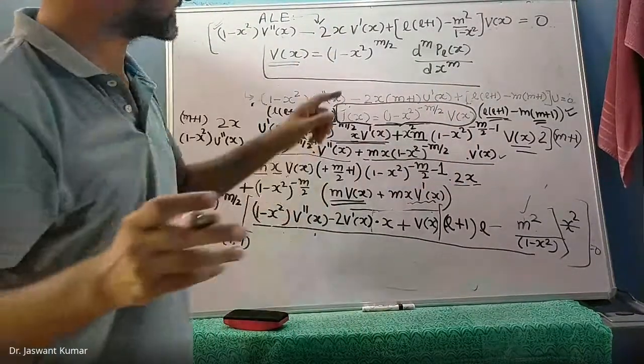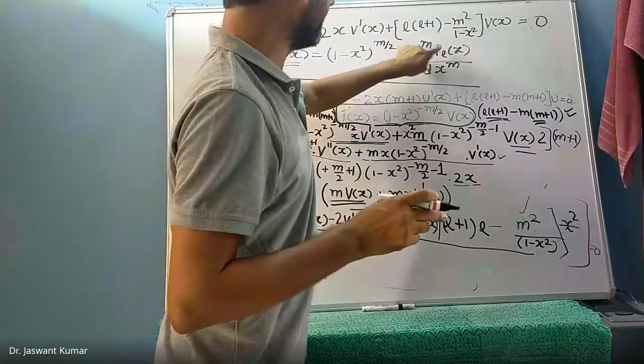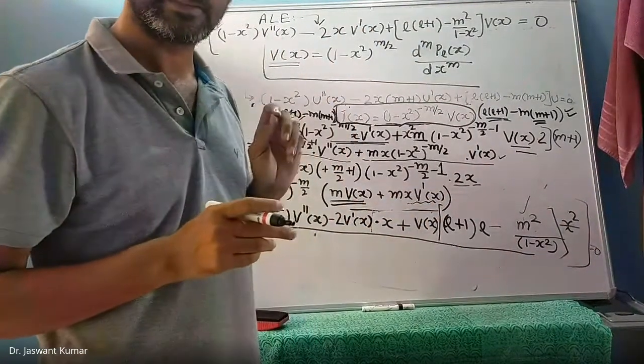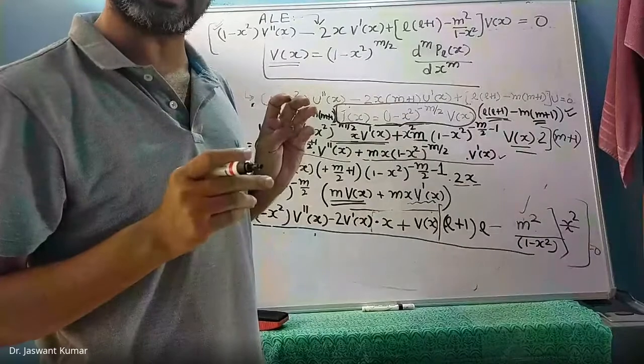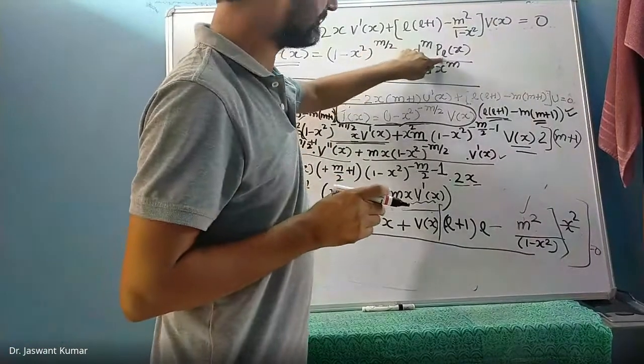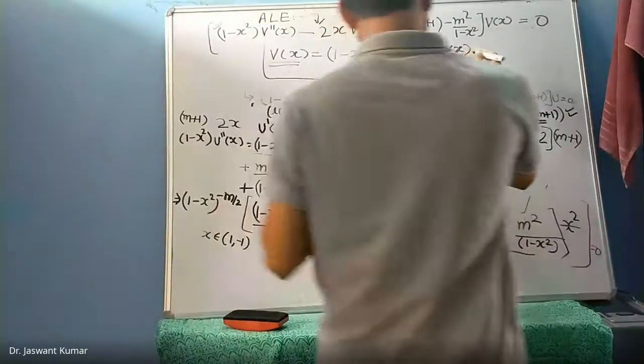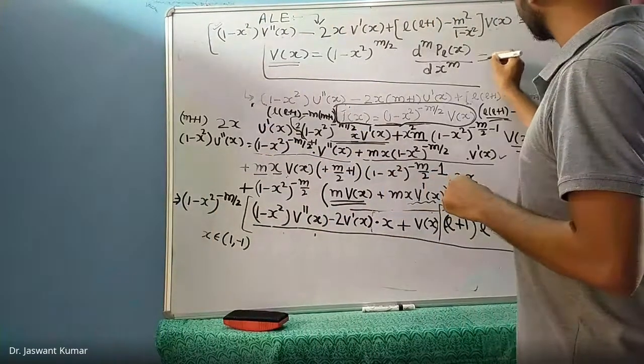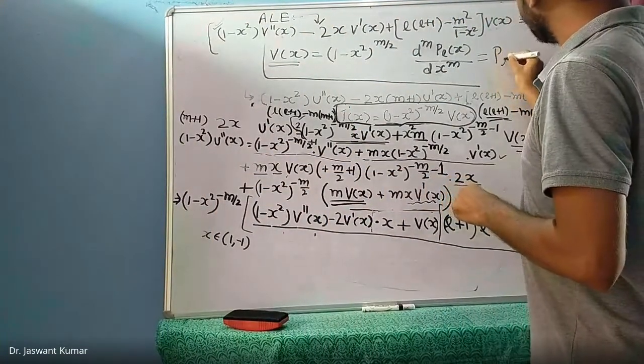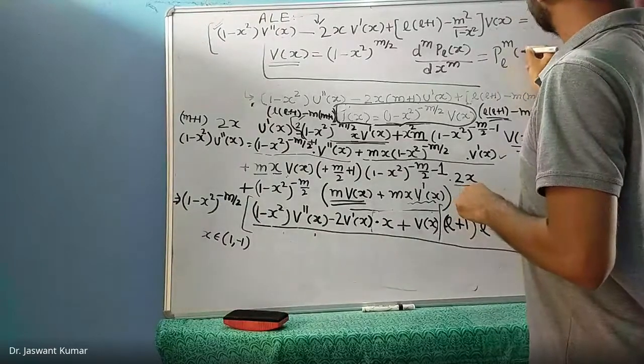And since this solution depends on L and M, this is depending on a factor L and it is also depending on a factor M. So it is common practice that we write it as P_L^M of x.